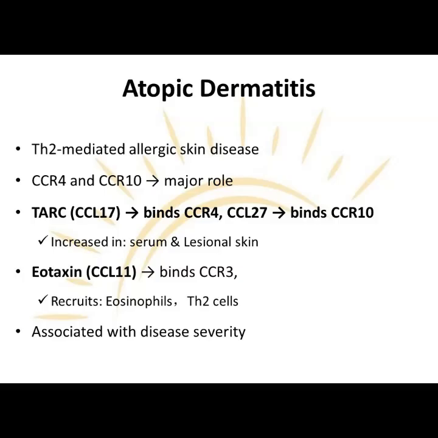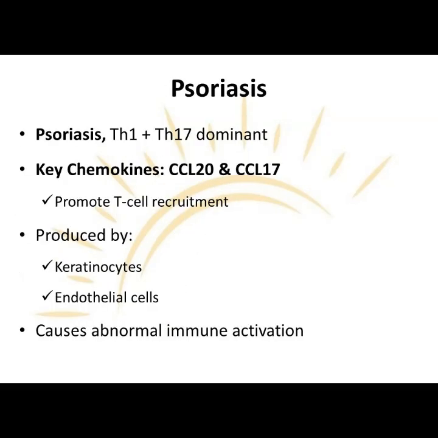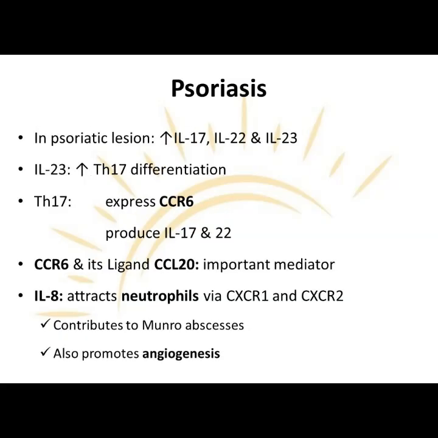This is associated with disease severity. Psoriasis, a Th1 and Th17 dominant disease. Key chemokines are CCL20 and CCL17, which promote T-cell recruitment, are produced by keratinocytes and endothelial cells, and cause abnormal immune activation. In psoriatic lesions there is increased IL-17, IL-22, and IL-23.